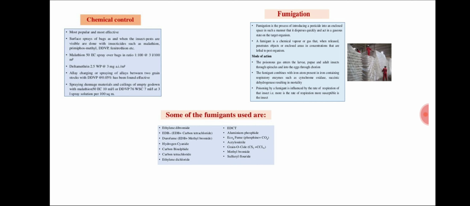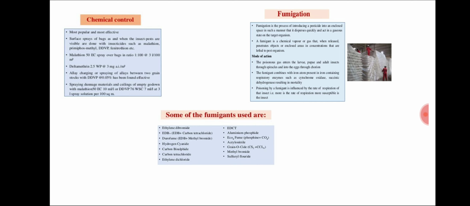Fumigation. Fumigation is the process of introducing a pesticide into an enclosed space in such a manner that it disperses quickly and acts in the gaseous state on the target organism.